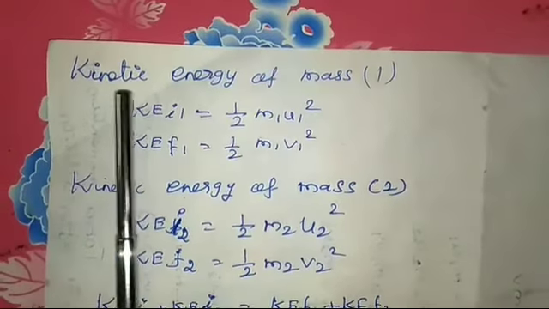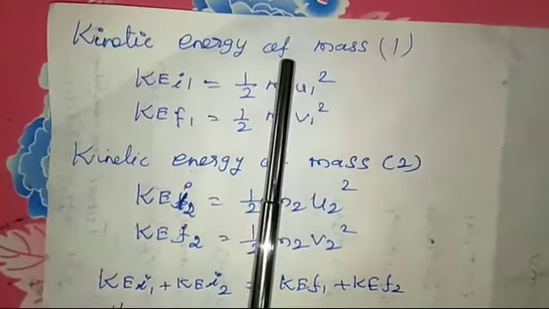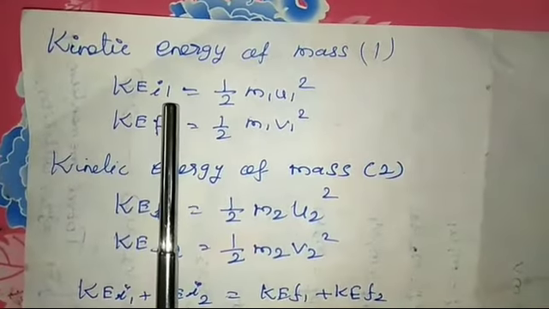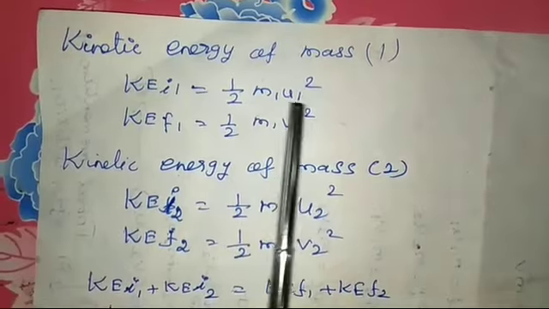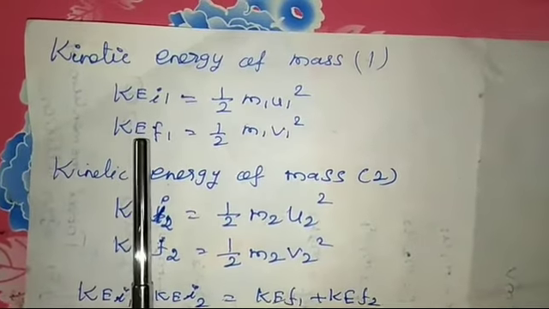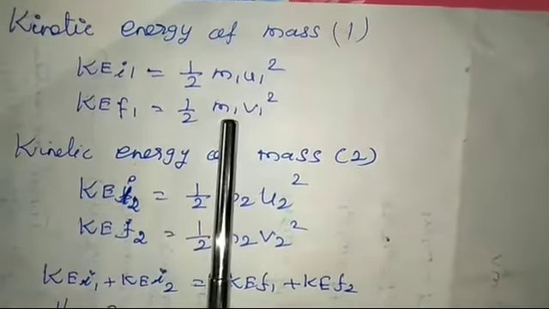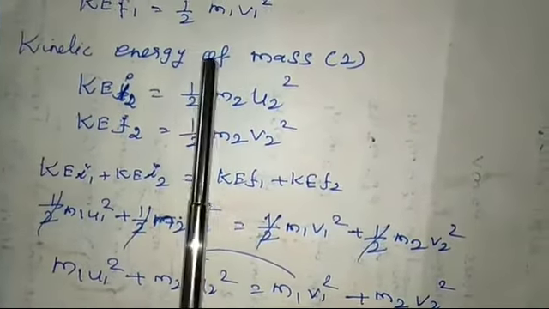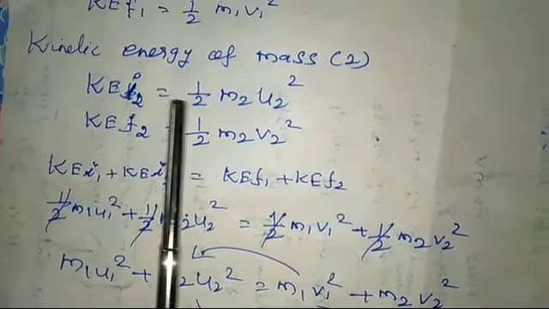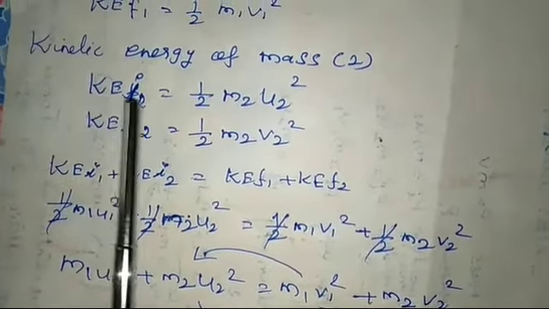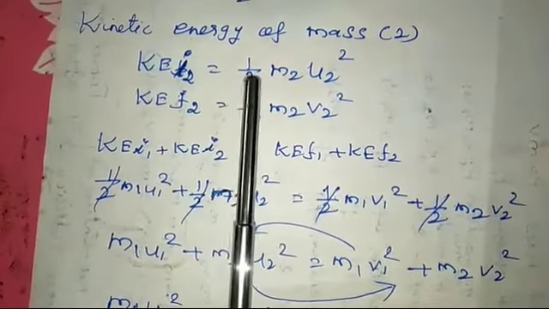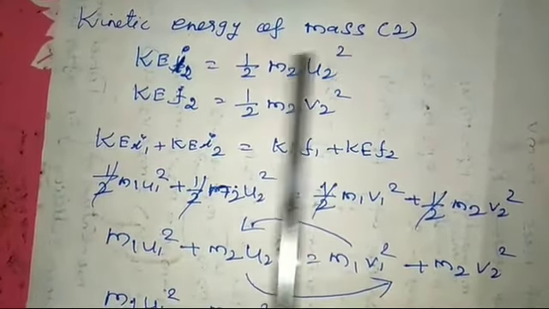Energy for two masses. First kinetic energy for mass 1. So initial kinetic energy is equal to half m1 u1 squared. Final kinetic energy of m1 is half m1 v1 squared. So second one, kinetic energy of mass 2. Initial kinetic energy is equal to half m2 u2 squared.